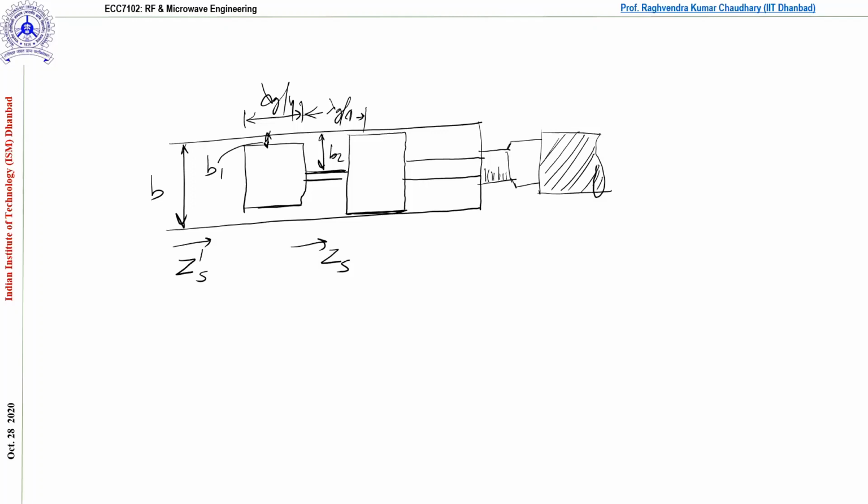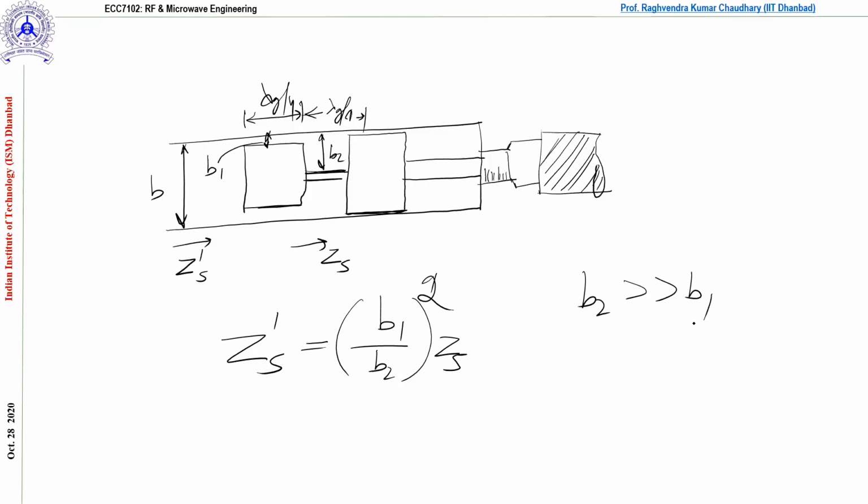So in this way we can alter the impedances. Now we can relate a very important relation: Zs dash is equal to (B1 over B2) squared times Zs. It means that B2 is much greater than B1.